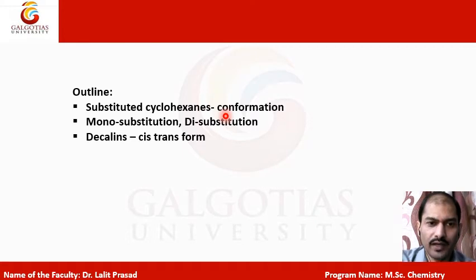Apart from that, we will also discuss the decalins, which have two rings, and in this case we will also discuss the cis and trans forms, and see how these molecules behave in different conformations and what type of arrangement is there. So we will discuss one by one.